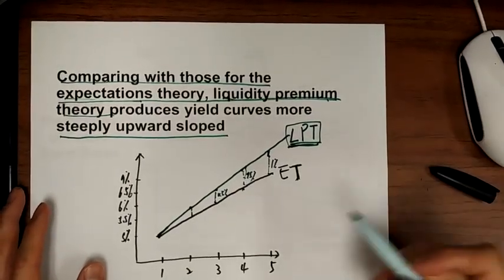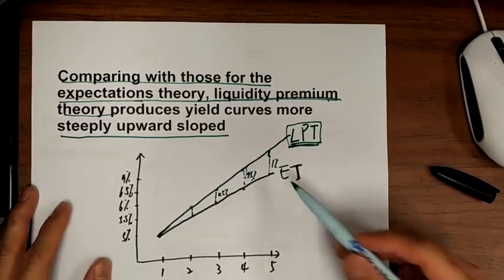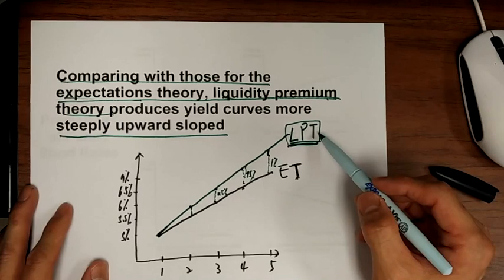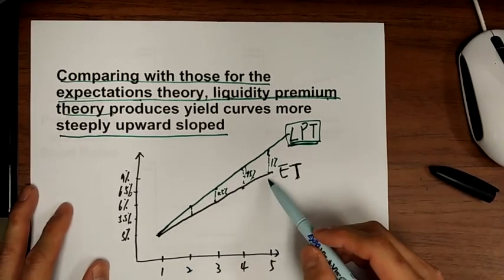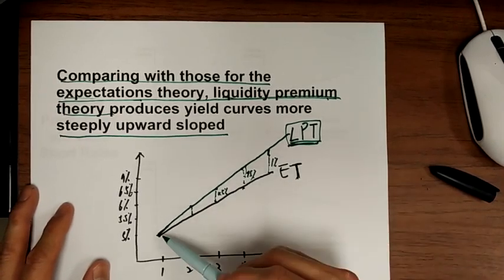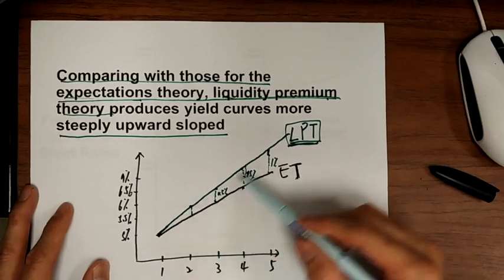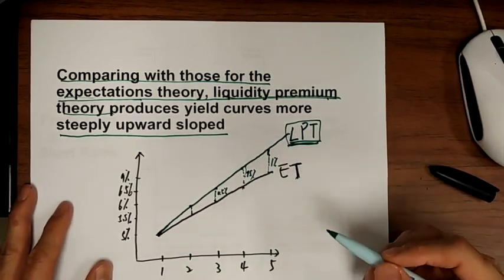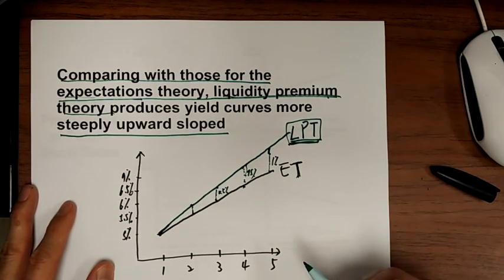The relationship between these two yield curves, that is, one implied by the liquidity premium theory and the other implied by expectation theory, is very, very important. Why?